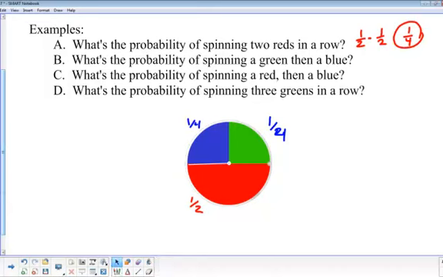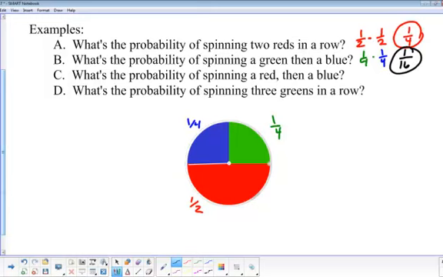Probability of spinning green and then blue. Well, the green is a 1/4, and the blue is also a 1/4. So 1/4 times 1/4 is 1/16. So the probability of getting green and then blue is 1 out of 16.